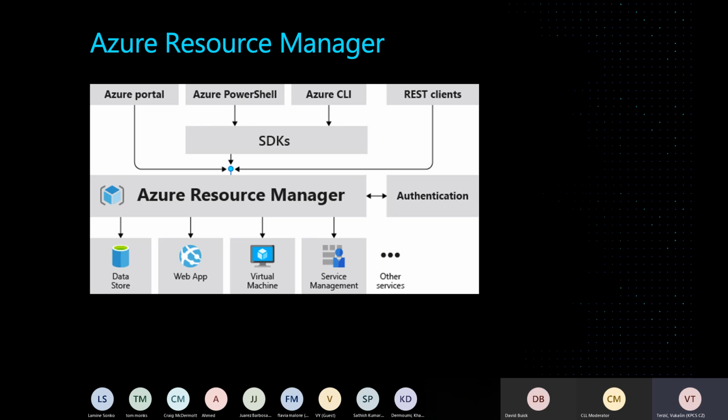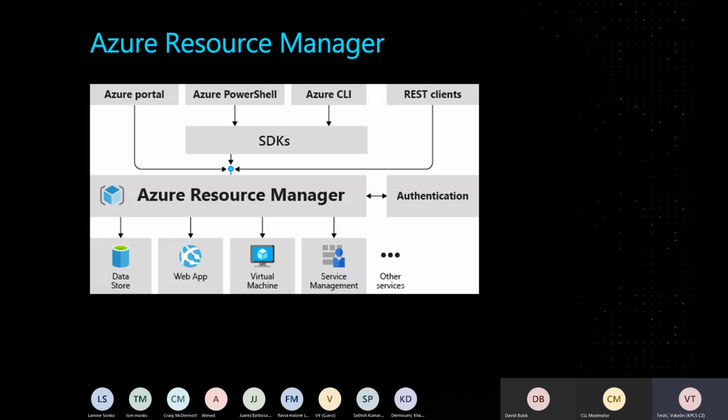Basically, we have tools like Azure Portal, Azure PowerShell, CLI, and so on, and all those tools tell Azure Resource Manager what they want, if they want to create, delete, or change, and then Azure Resource Manager does that in the backend.